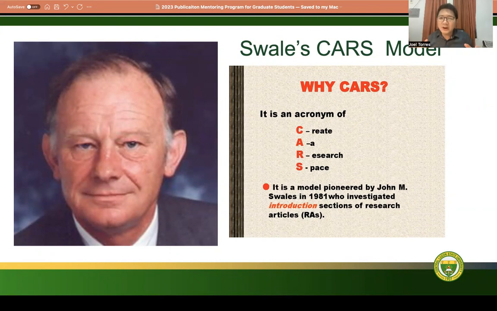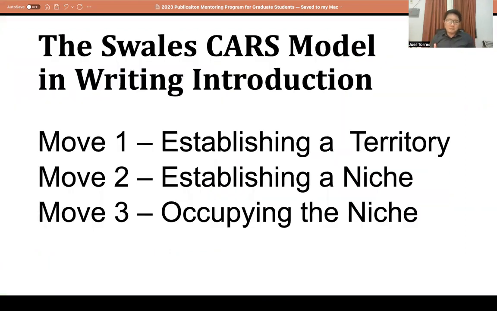I know it's hard to draft the introduction of our research articles, but the good thing is that here's a template provided by Swales, which we could follow. So let's take a sneak peek of what the Swales CARS model is all about.